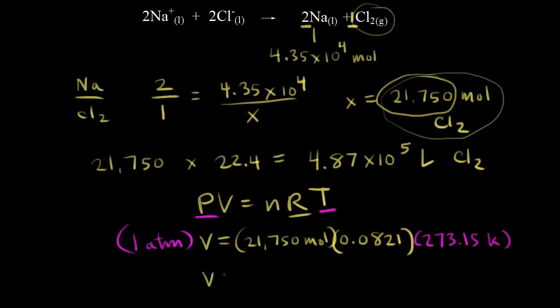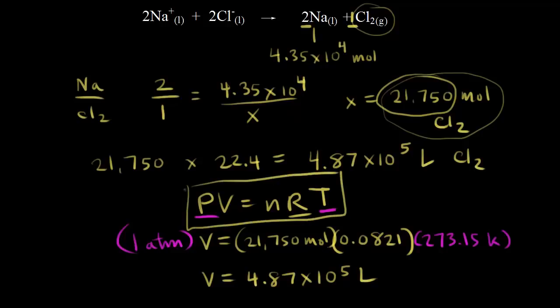If you use your calculator to solve this, you will get the same answer. You will get 4.87 times 10 to the 5th liters. So you could plug it all into PV equals nRT, or you could use the shortcut way. Either way, you're going to get the same volume of chlorine produced.